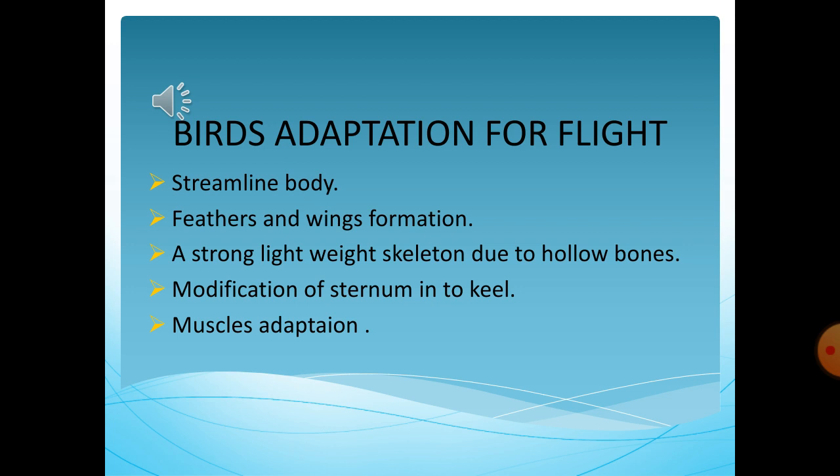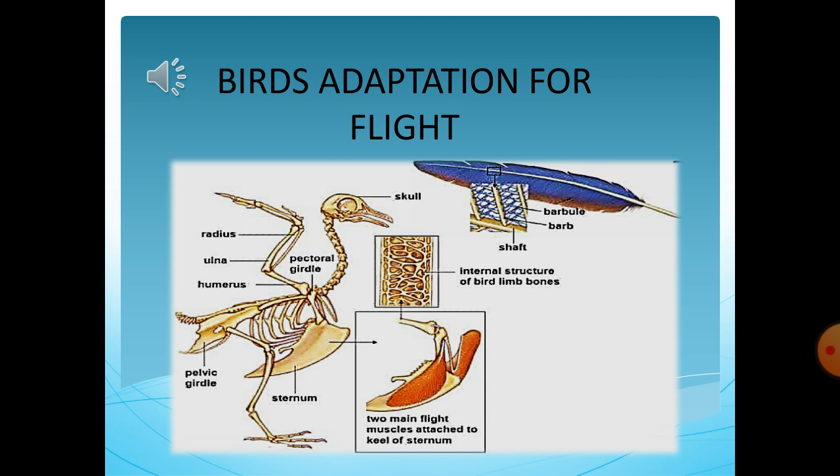They have a strong lightweight skeleton due to hollow bones, and the sternum is modified into a keel. They also have more adaptive muscles, which have a large quantity of mitochondria that provide much energy for flight. You can easily see bird adaptation for flight in this picture.